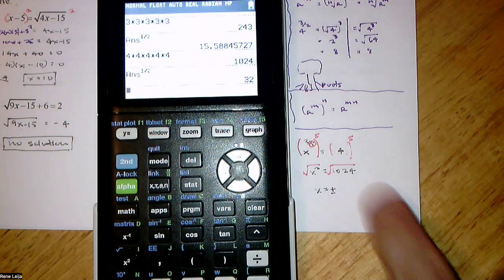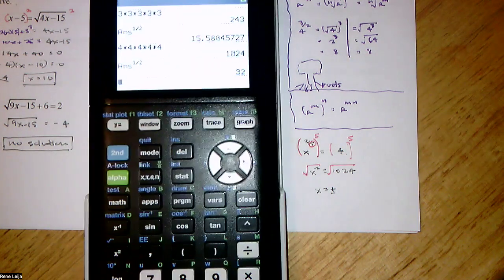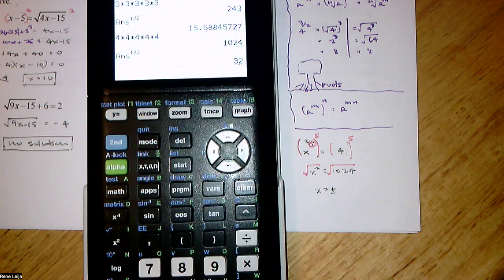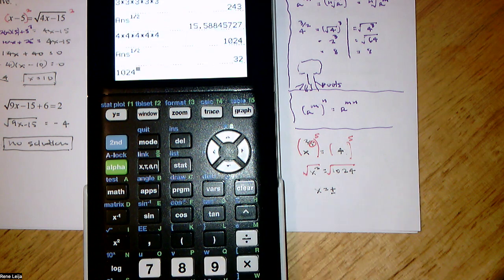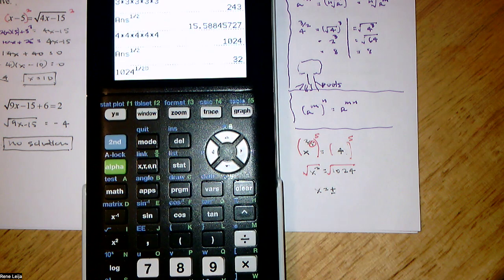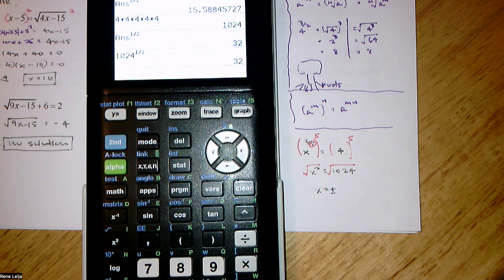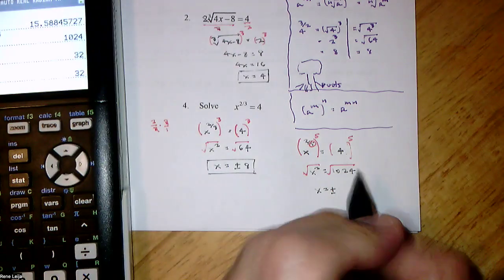Now here's how you do this. If you want to know what this is, another way to rewrite the square root is to take this number and raise it to the 1/2 power. Because remember, look at the exponent. See how the 2 is in the denominator? That tells you it's a square root. And you get 32. Plus and minus 32.